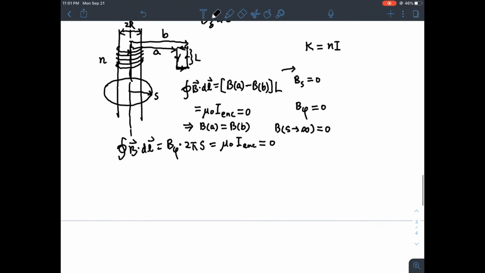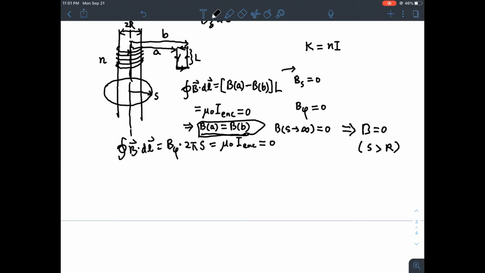Okay, and we know that the B field value doesn't depend on distance, so that really means B should equal 0 everywhere. This is of course for the case outside of this solenoid. You can see the argument.